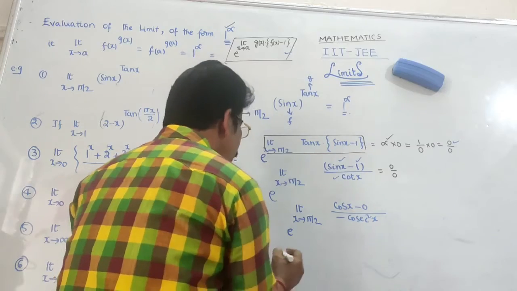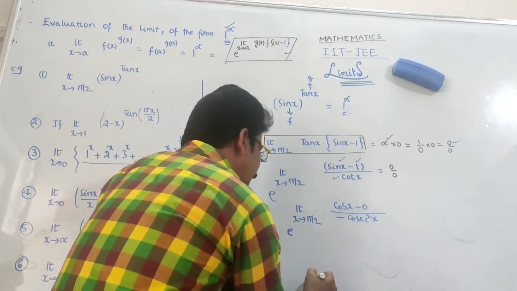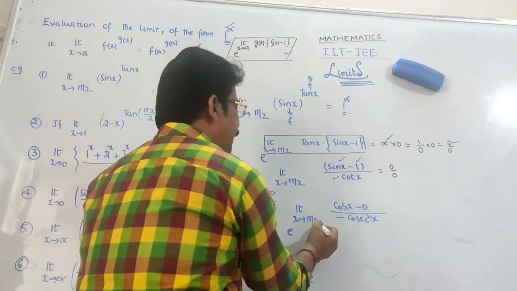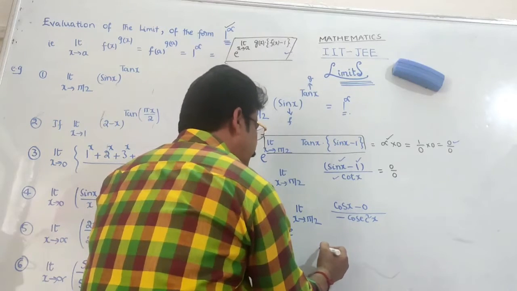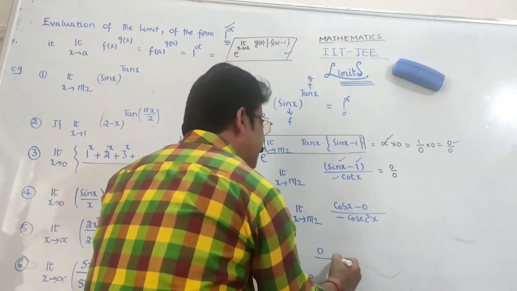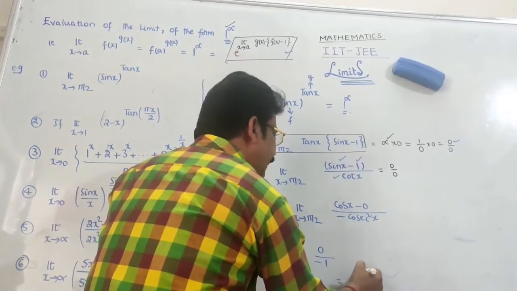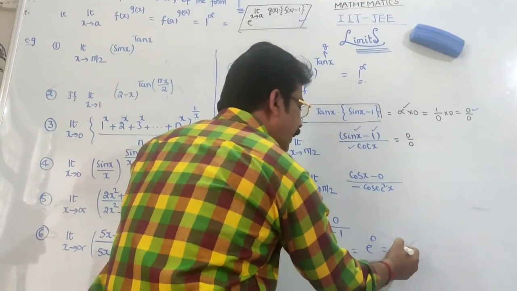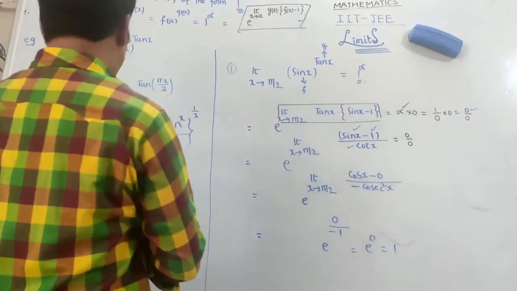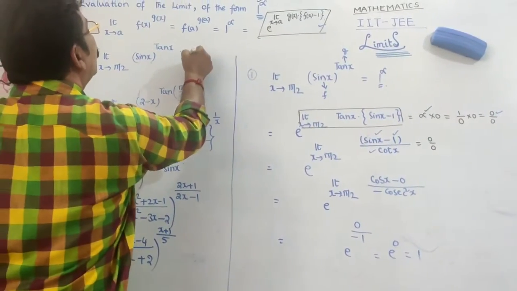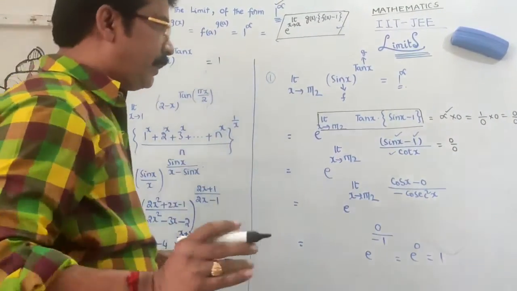The answer is e power of cos pi by 2, that is 0, minus 0, divided by minus 1, so that is equal to e power 0. E power 0 value is 1, hence its answer is equal to 1, hence the problem.